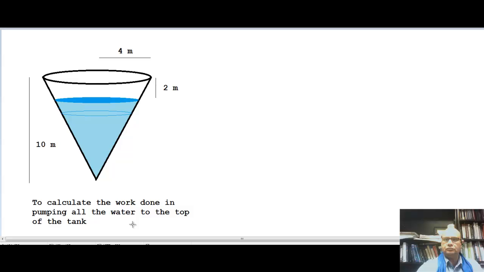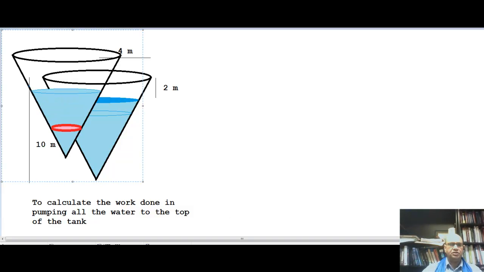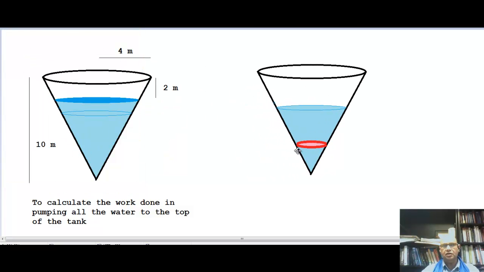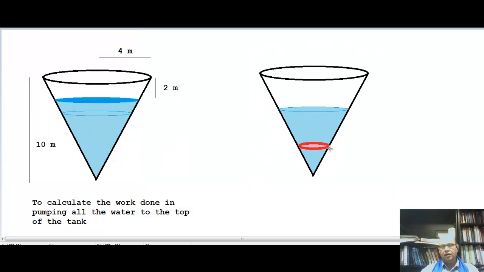Good. So what we will do to accomplish this is look at this tiny disk of water, of the volume that we have.